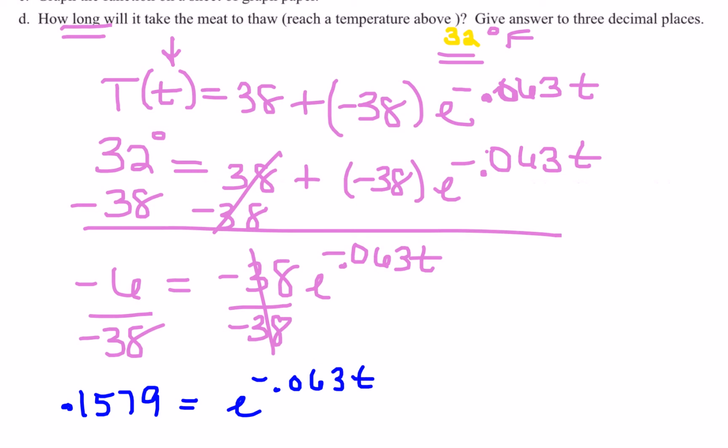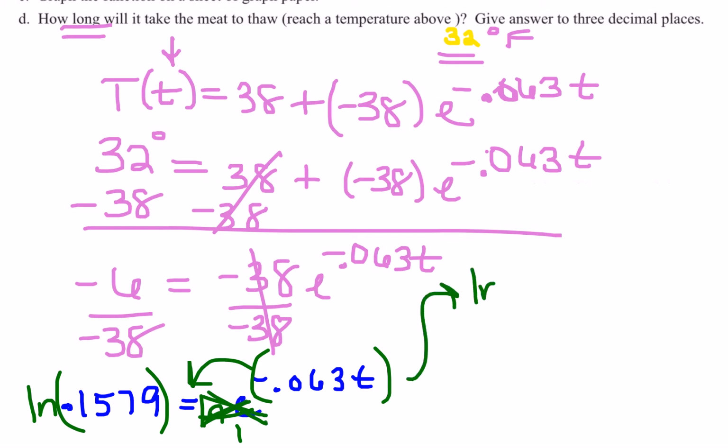Again, you're going to utilize ln so you can bring down the exponent because that exponent has your variable. You want to bring this whole thing down. This guy will cancel to 1, and you basically have ln of 0.1579 equal to negative 0.063 t.